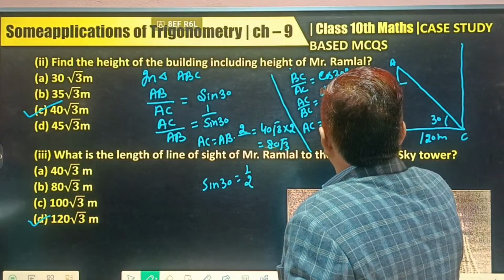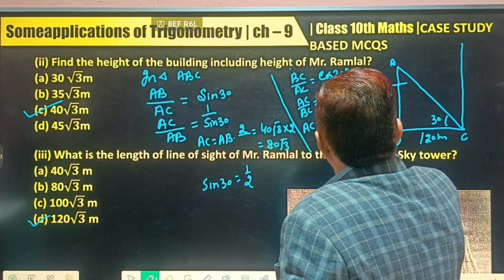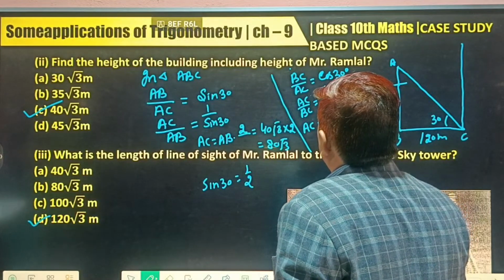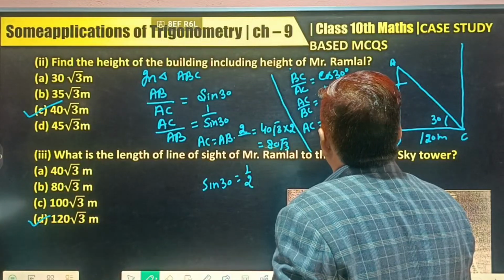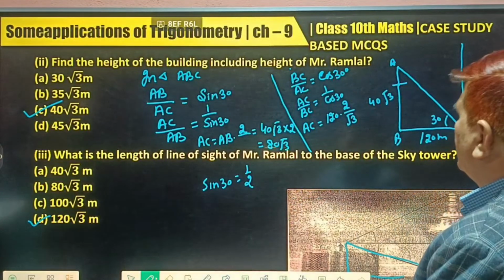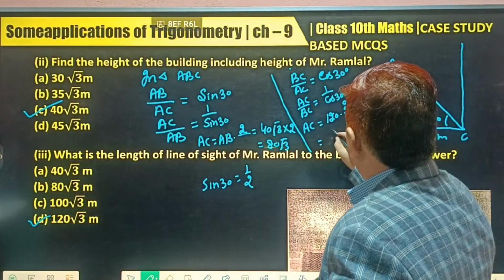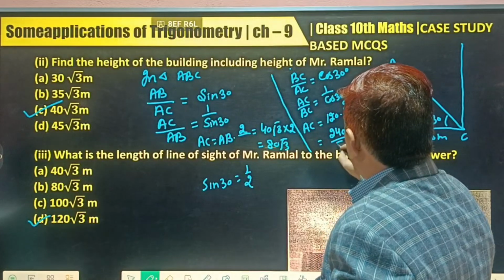BC is 120, and this is 1 by root 3 by 2, into 2. So this is coming 240 by root 3.